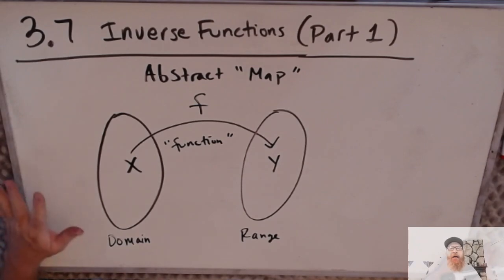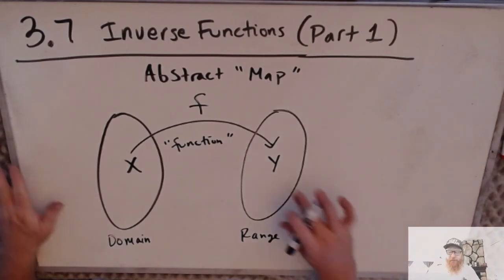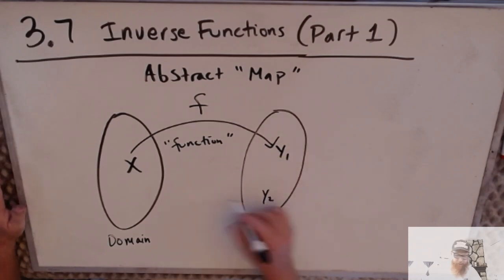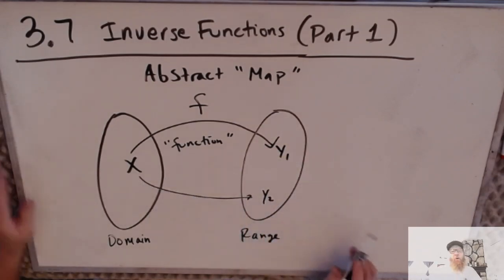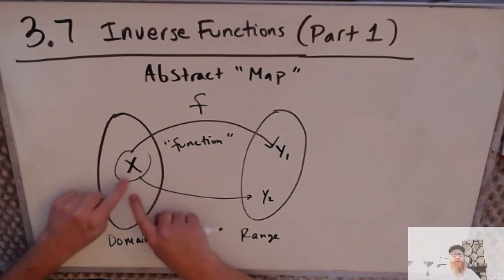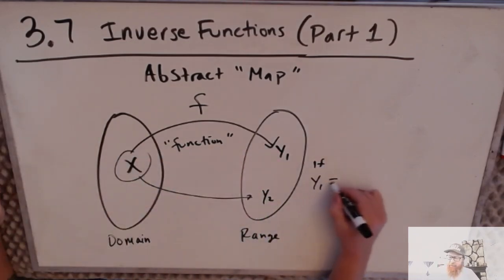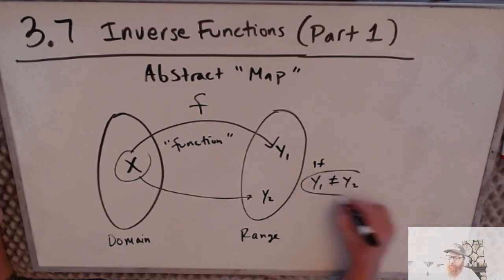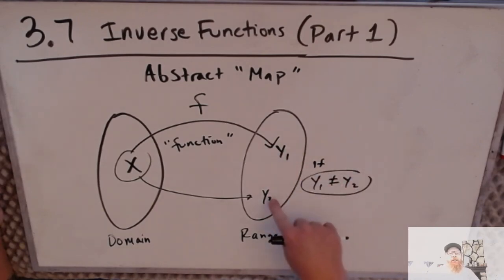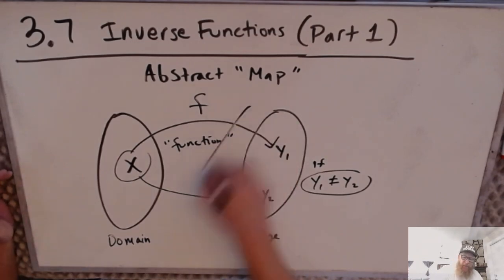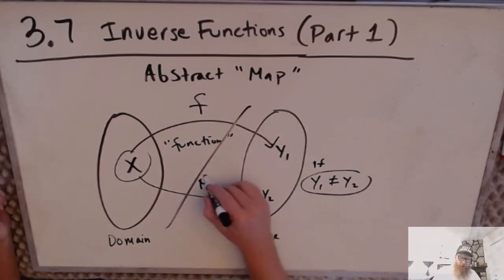Now, keep in mind that you can't have something like this. You can't have one x getting sent to two different y's. If y1 and y2 are different, you can't have the same x. This would not be a function.